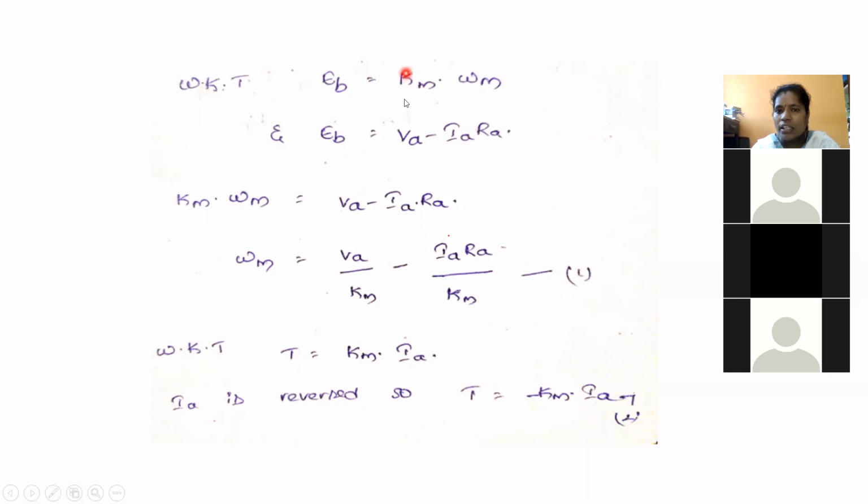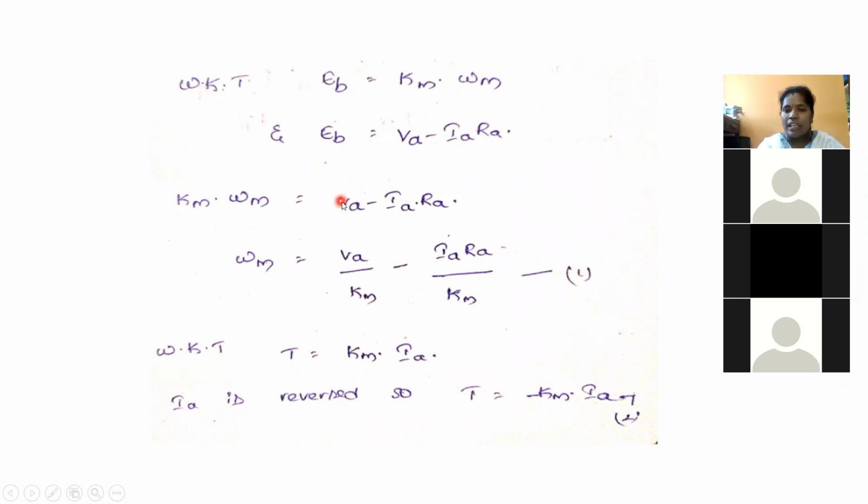That means these are the two equations for the same parameter, back EMF. So we can compare these two equations. Then it becomes Km into omega m is equal to VA minus IARA. So omega m is equal to, write the expression for omega m. That means move the term Km to your right hand side.